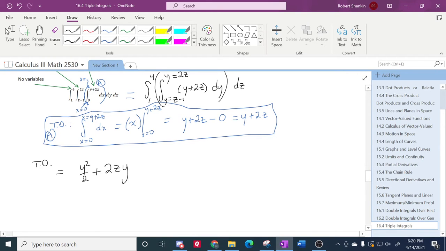I found an antiderivative of this and of this, from y equals z minus 1 to y equals 2z.